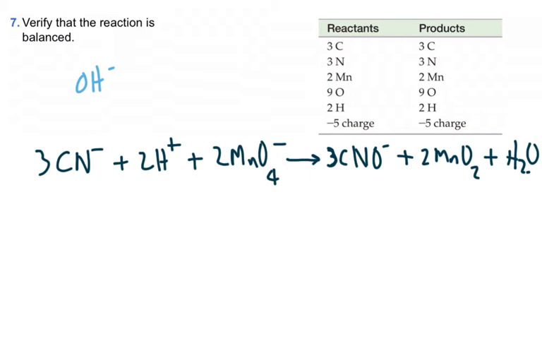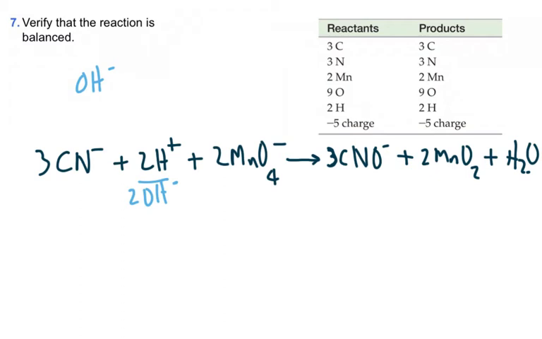So here's what you do. Identify where the hydrogen ions are. There's 2 of them. So we're going to add 2 hydroxides to that part. Now, here's the key. Like in math, whatever you do to one side of the equation, you must do to the other.